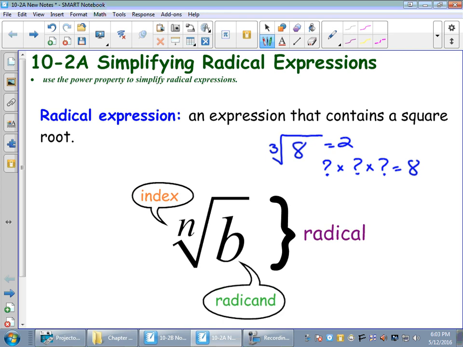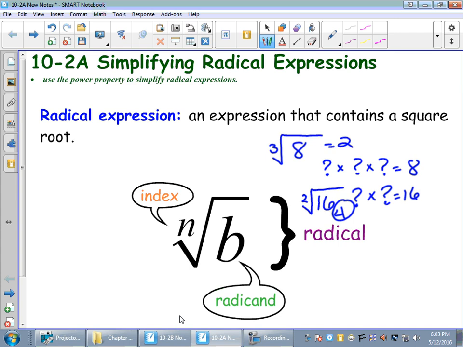So when I ask for the square root of 16, there is no little 2 on that foot. It's understood that there's a little 2 there, okay? So you probably won't see a 2 here at all. But what they're asking for is what do you multiply by itself to give you 16, and the answer to that is 4. Okay, so that's what we're going to be working on, is simplifying these things.